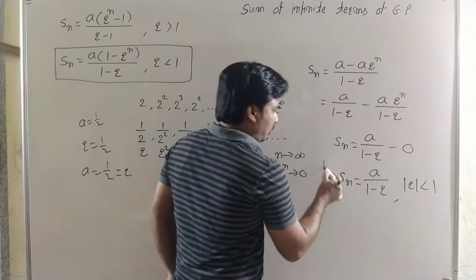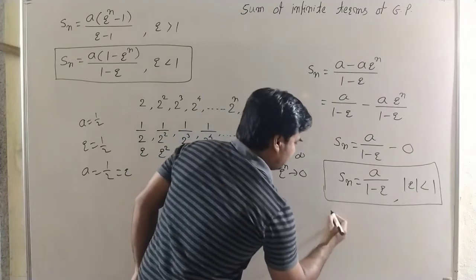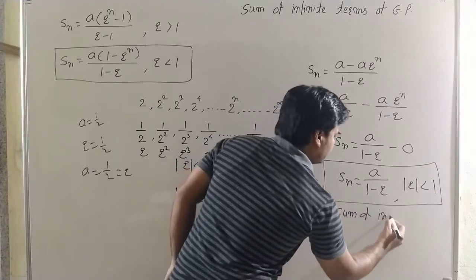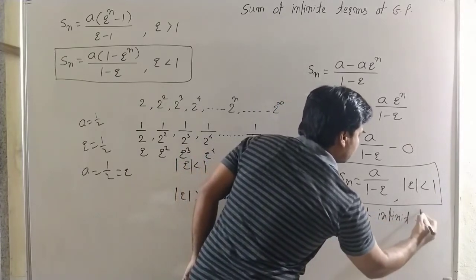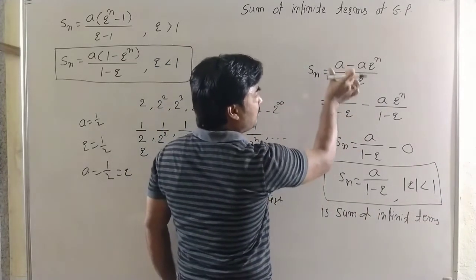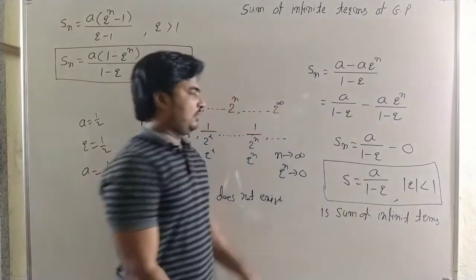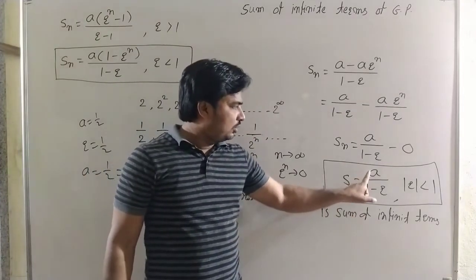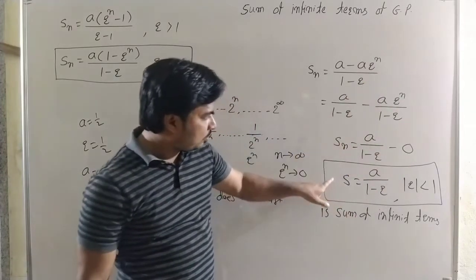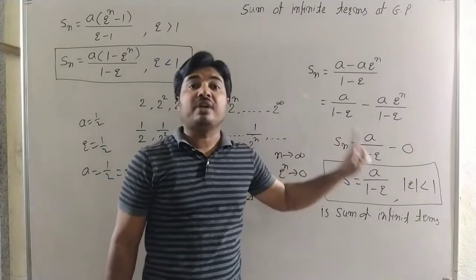Sn is the sum of the first n terms, while the sum of the infinite terms is denoted by S. The sum of the infinite terms is S equal to a upon 1 minus r when mod r less than 1. This is the formula for the sum of the infinite terms.